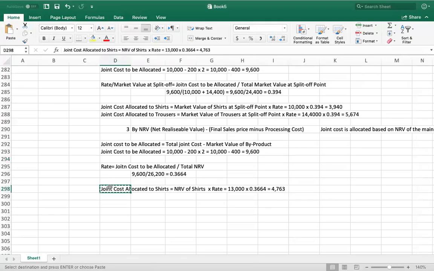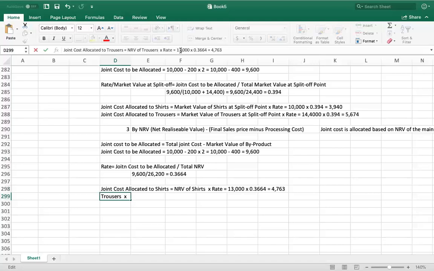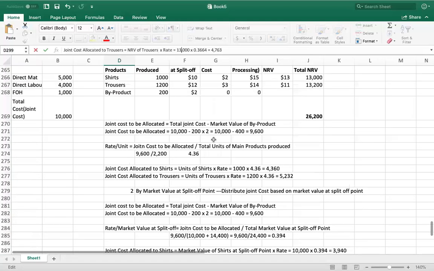The same way you can calculate for trousers. NRV of trousers is 13,200, multiplied by the same rate. So it becomes 4,836.